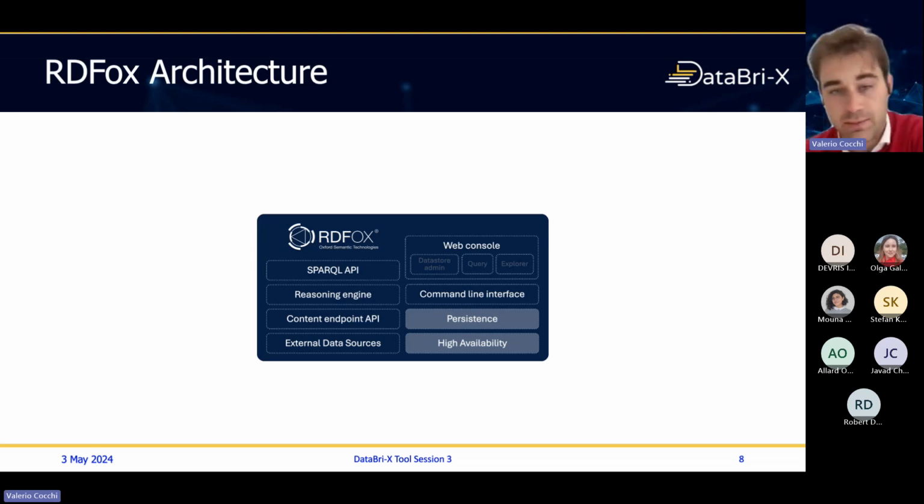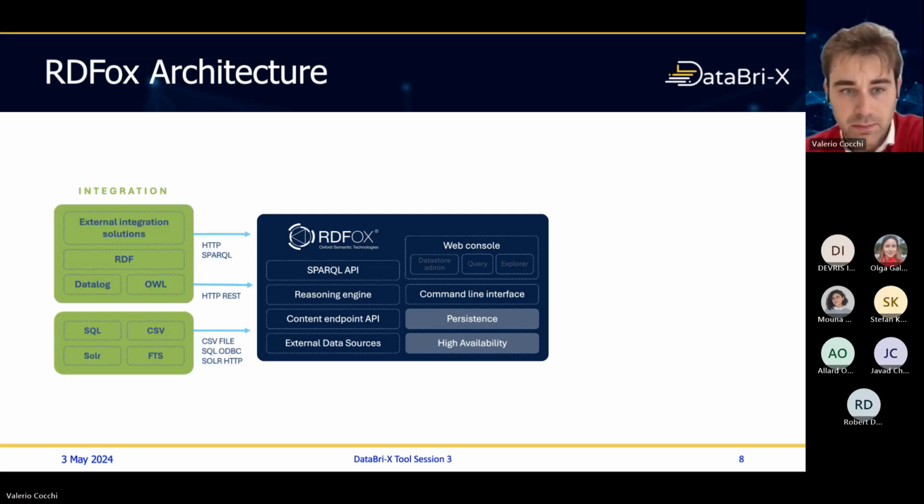And then there is a query engine, which you can see here as Sparkle API. There is a reasoning engine and various other endpoints. RDFox, in terms of integration, can take Sparkle, has a REST API, and it can also deal with external data sources in CSV or SQL or Solr format and many others.